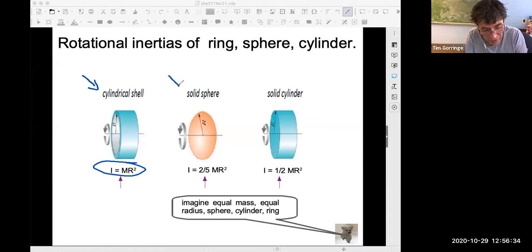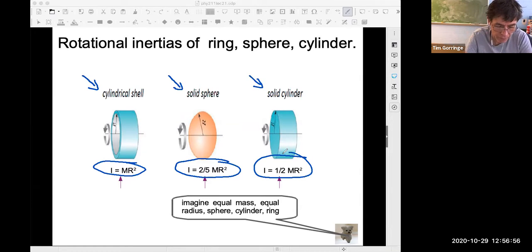The blueberry, that's a solid sphere, is the second of the rolling objects. Here's its moment of inertia. It's 2/5 mr squared. And the solid cylinder, that's the cookie, here's its moment of inertia. That's 1/2 mr squared.